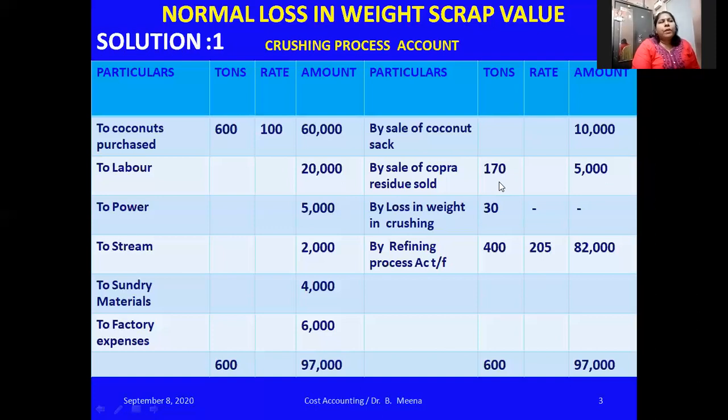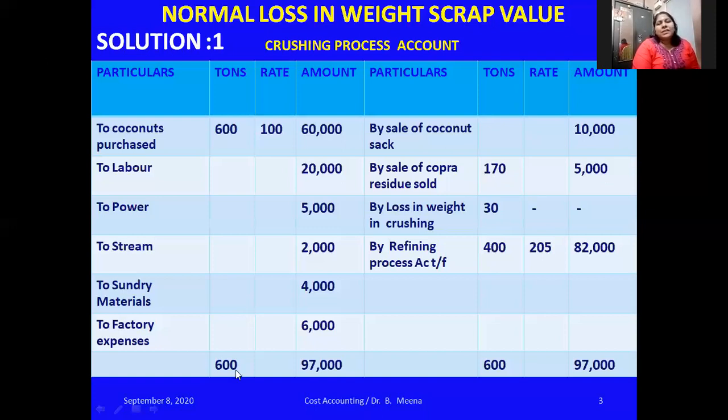And the output I got in this process is 400. So 400 is the crude oil I produce in this process, and then I add the copra residue which has been sold, around 170 quintals. So 400 plus 170, I will get 570.